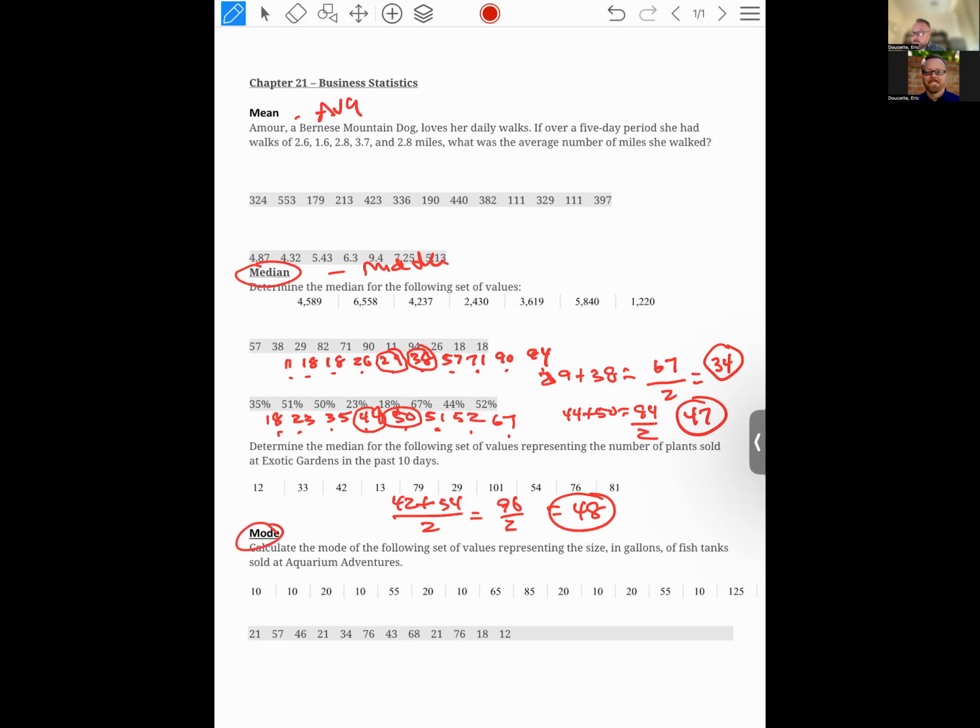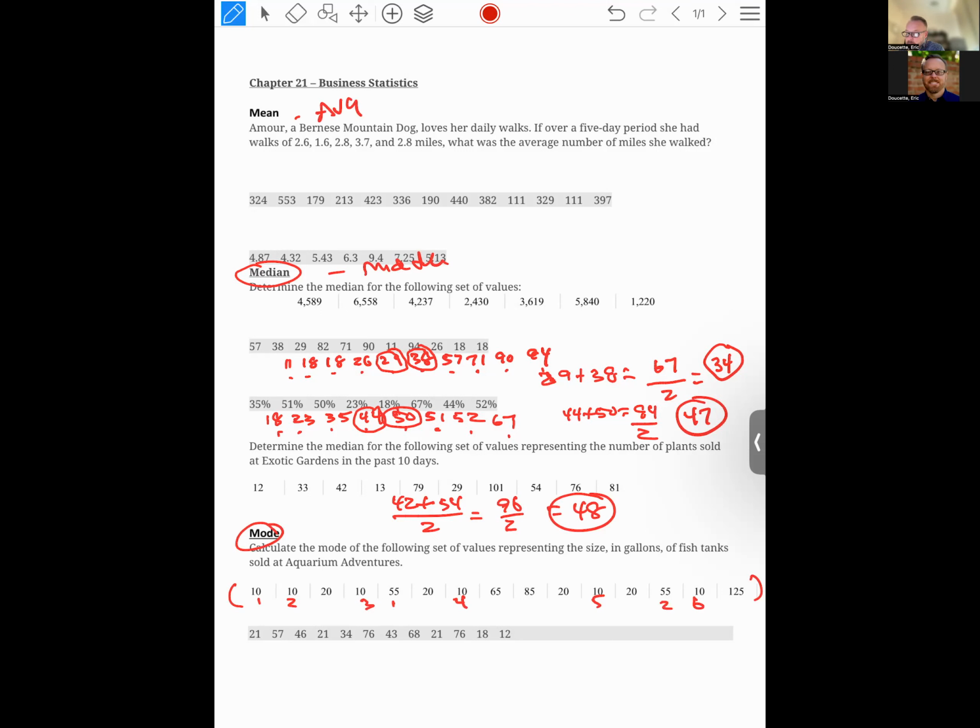Now we get to mode. Mode is what number occurs most often. And that's pretty easy. So if you look in this data set here, you have the number 10 six times. You have the number 55 two times.